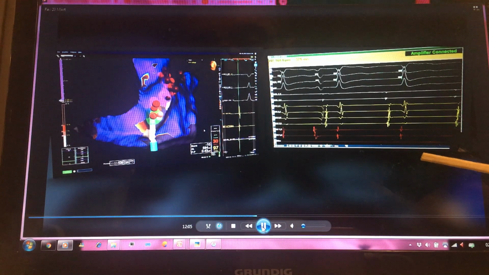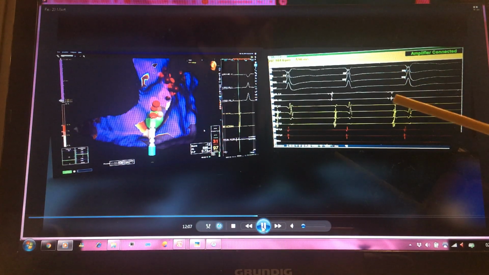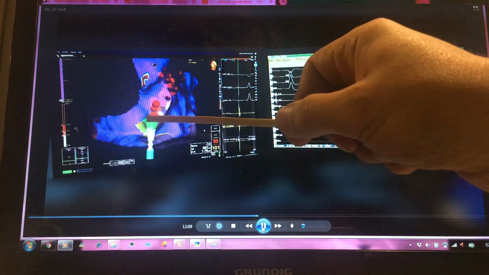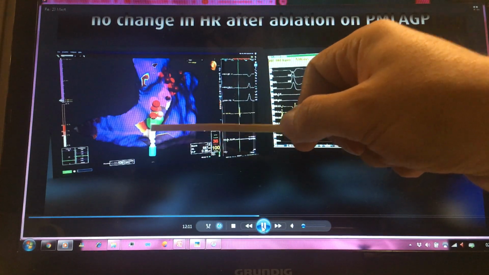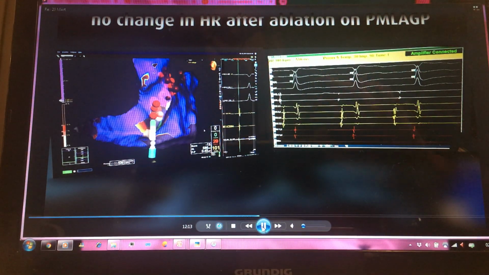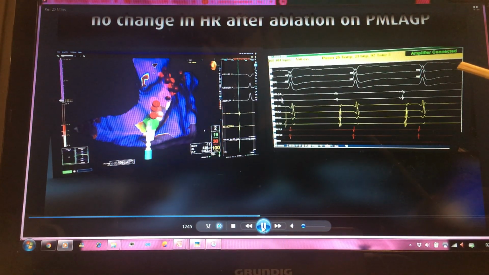Yes, now we are close to the ganglion C site, just on the opposite side of the coronary sinus wall.